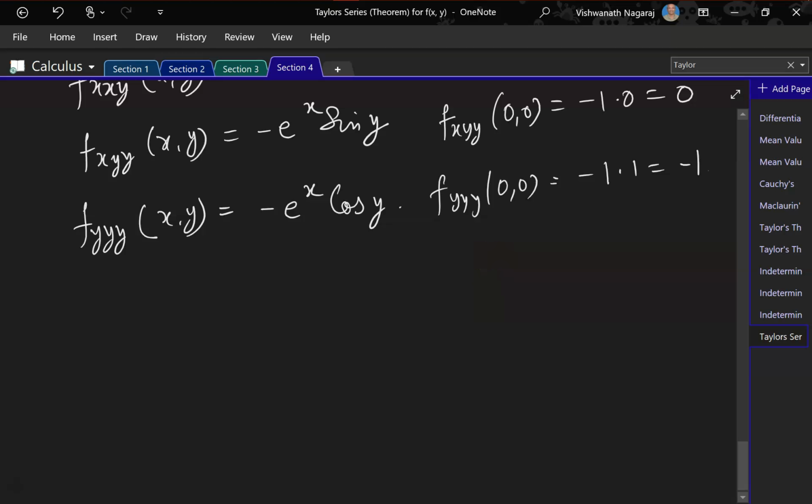So many of our terms have actually disappeared because of this. But let's actually put it and see.